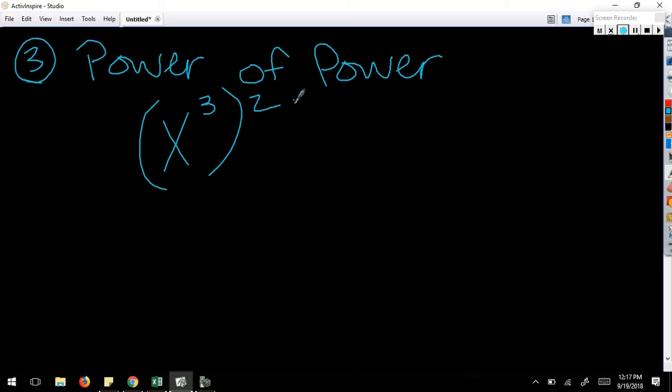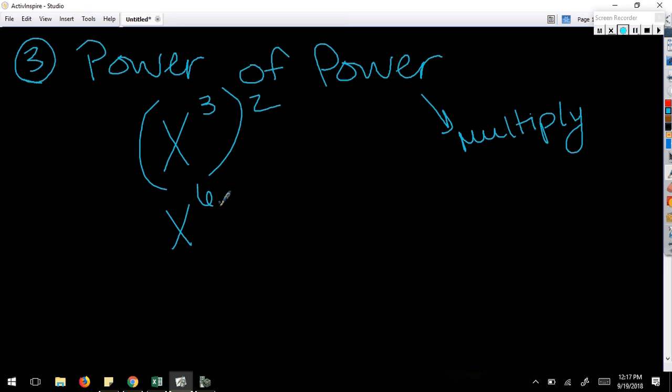It's pretty powerful stuff, an exponent to another exponent. So what do you do? Multiply them together. Everybody gets the power of a power and the product of a power mixed up because you start getting confused on when you add and when you multiply. So when you raise a power to another power, you multiply.